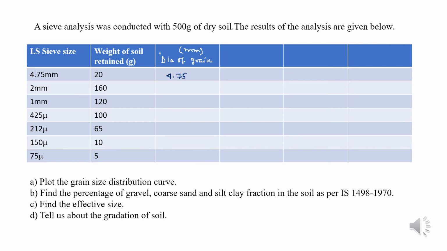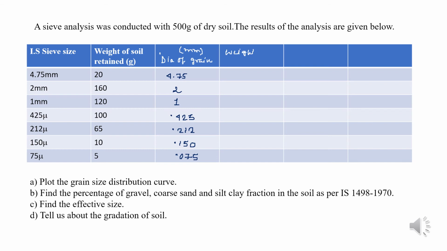Okay, so this is my 4.75, this is my 2, this is my 1. 425 micron corresponds to 0.425 millimeter, then 212 corresponds to 0.212 millimeter, 150 corresponds to 0.150 millimeter, and 75 micron corresponds to 0.075 millimeter.